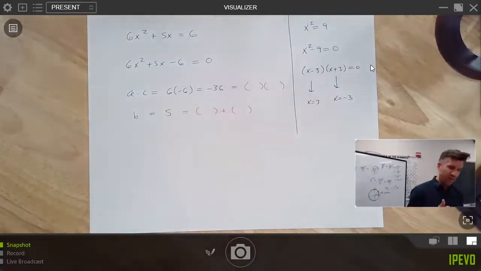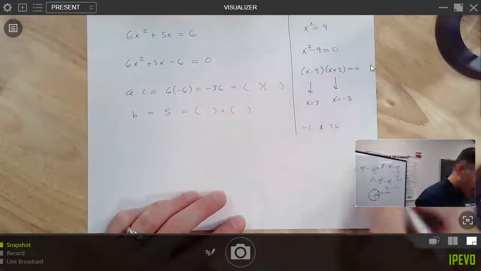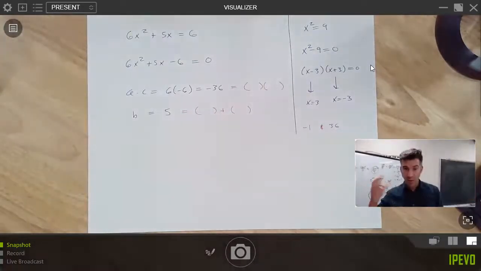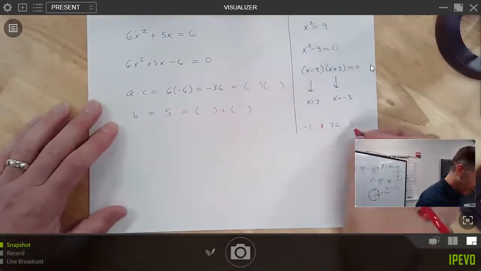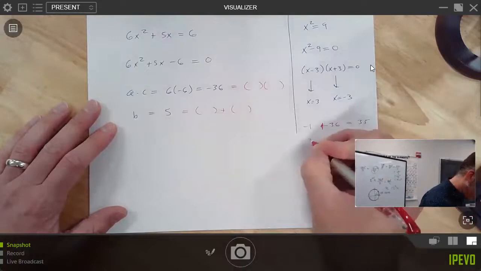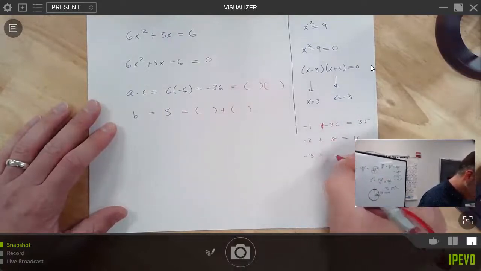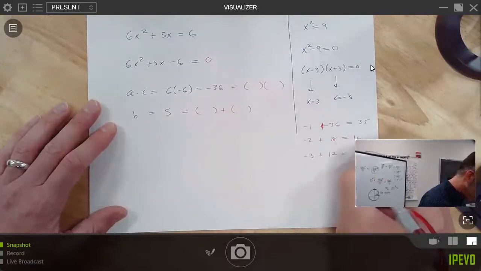So let's see, negative 36. You might just start making a list. Negative 1 and 36, nope. I'm always going to think of the things that multiply to the number and then see if they add to the number. That doesn't work, it adds up to 35. Negative 2 and 18, nope, that adds up to 16. Negative 3 and 12, that adds up to 9.